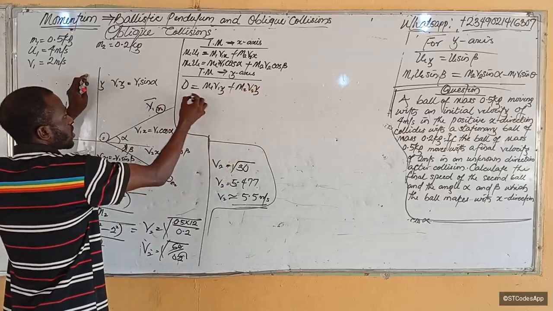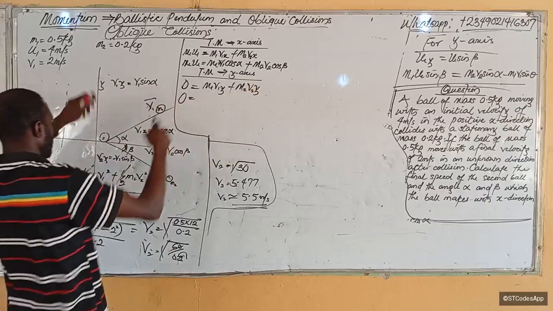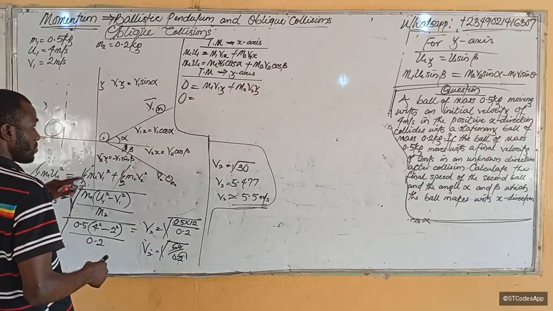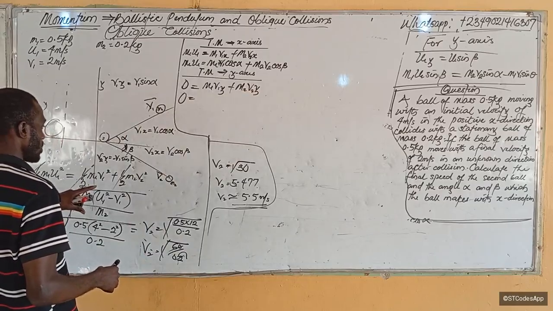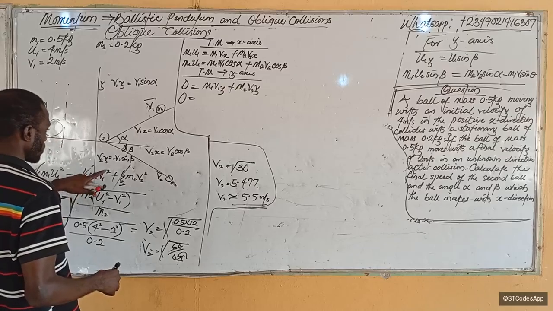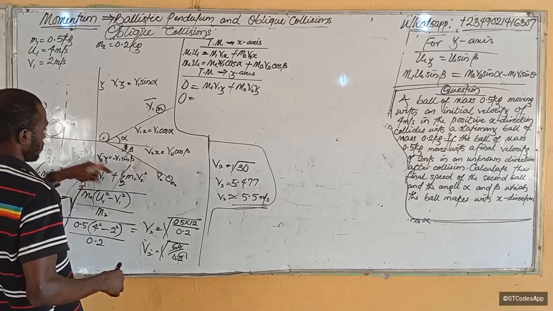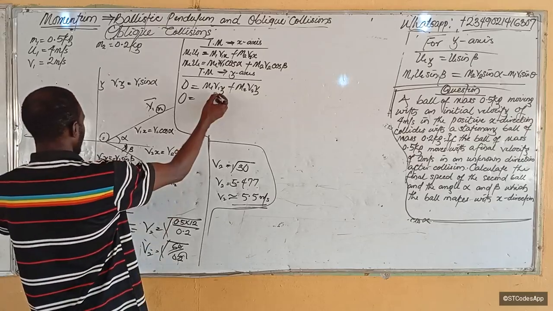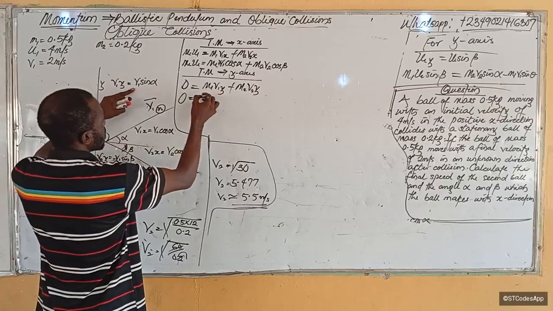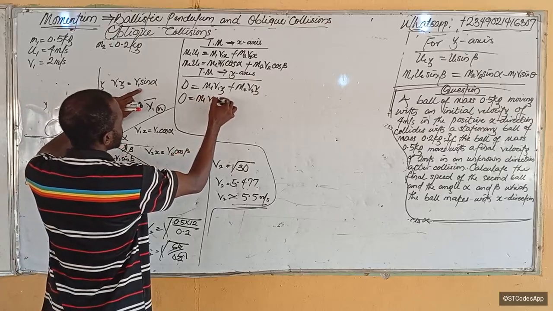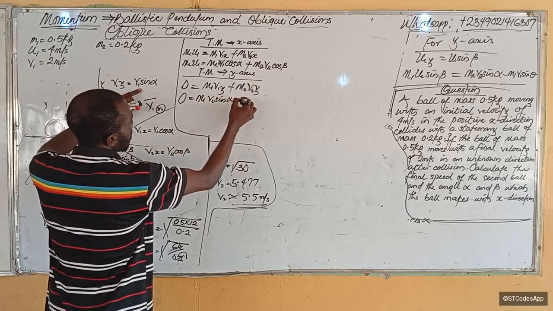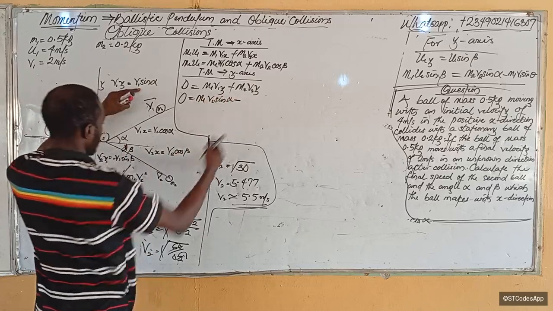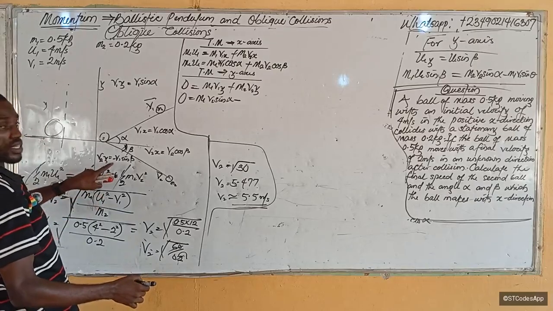on y component. So 0 is equal to, what is v1y rather? This. m1 v1 sine alpha minus, because of this minus, is that clear?